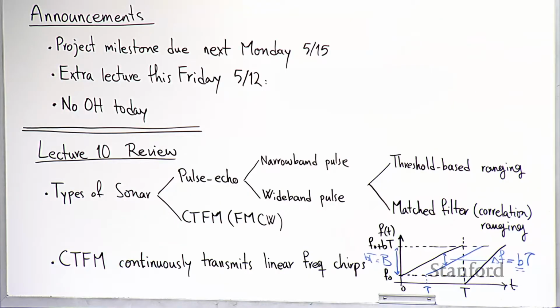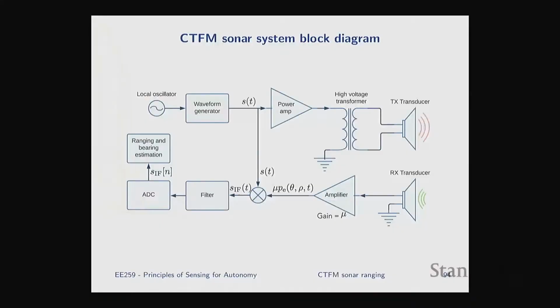Okay. So we were looking at the system block diagram for a CTFM sonar, and we said that really the magic happens at this block here, which is called a mixer or a down converter. What happens here is that we feed it the echo signal that we've collected back at the receiver, and S of t, which is the transmitted chirp.